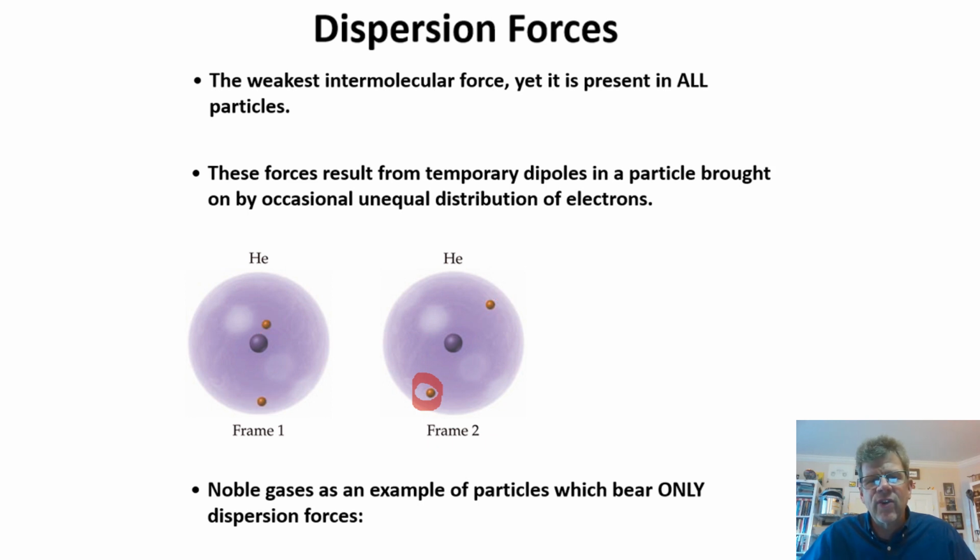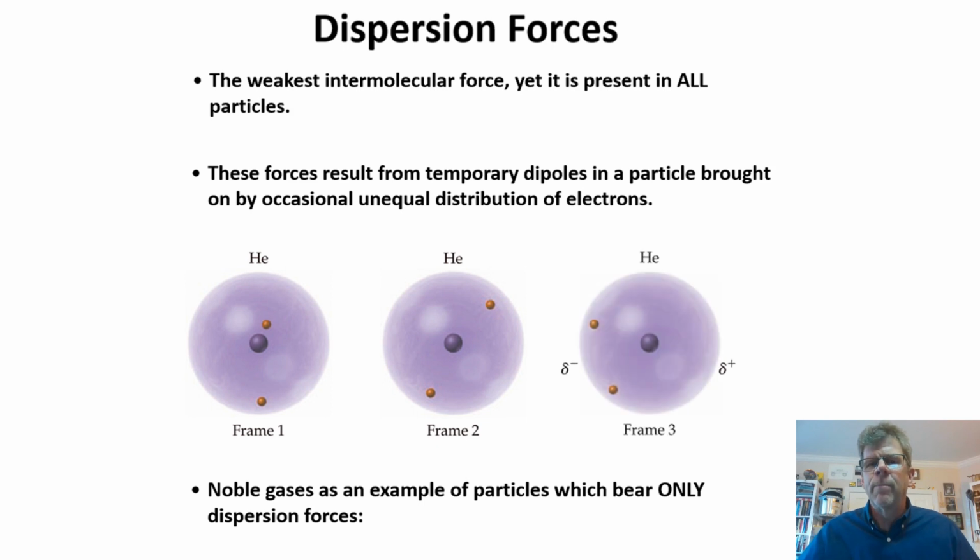But very occasionally we encounter a snapshot in time where both of those electrons and their attendant negative charges happen to be on one hemisphere of the atom. In this case, look here, we have our 2 electrons instantaneously over on the left-hand side of that atom.